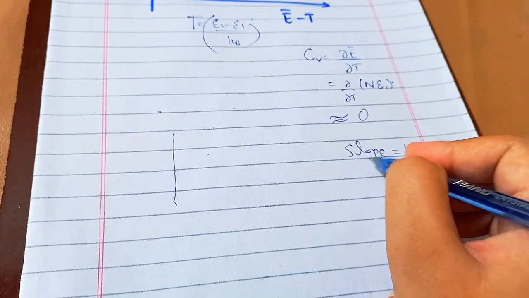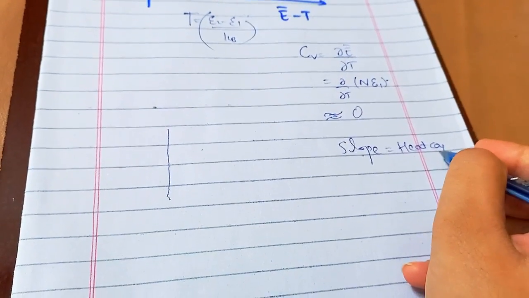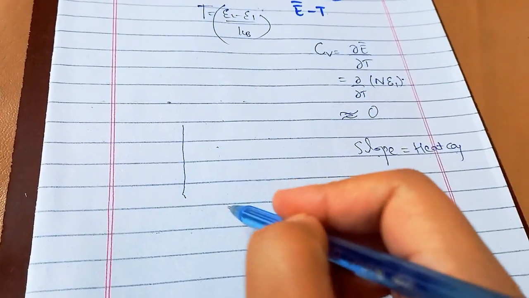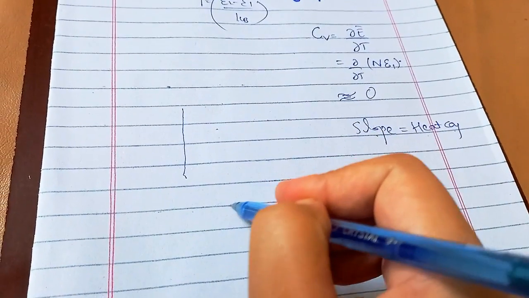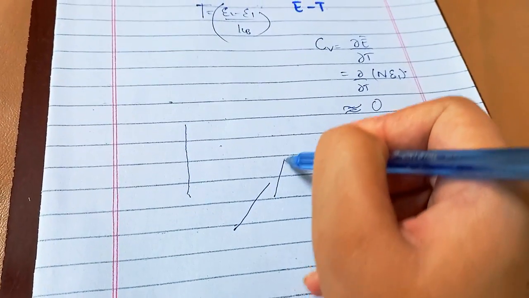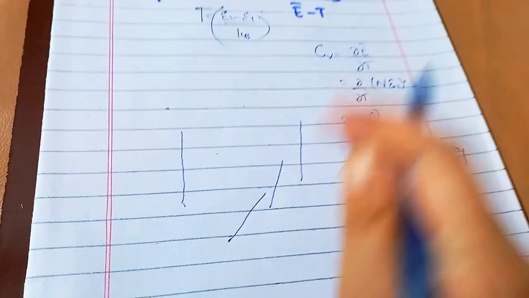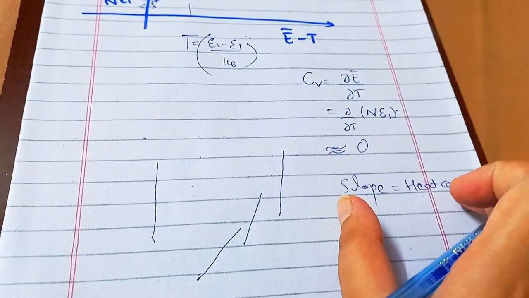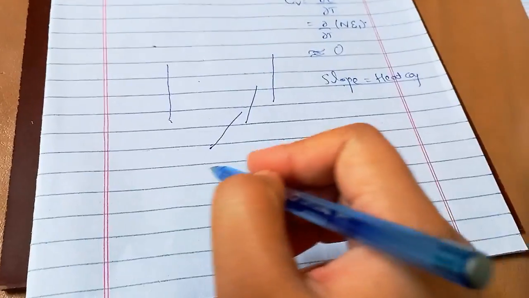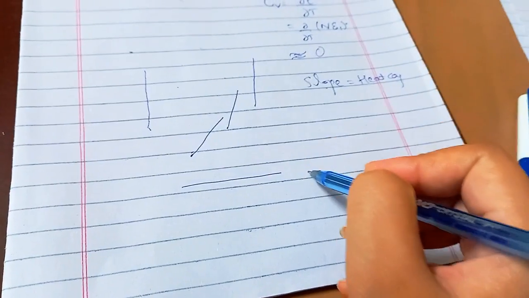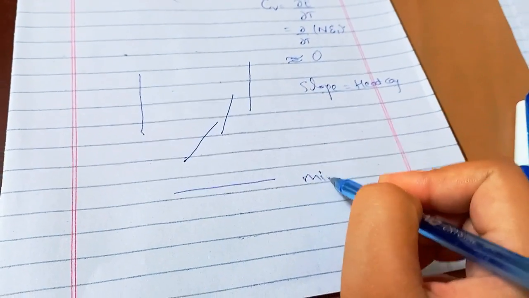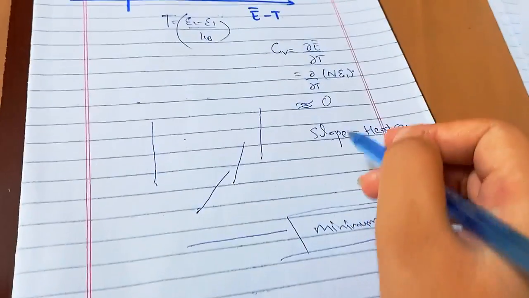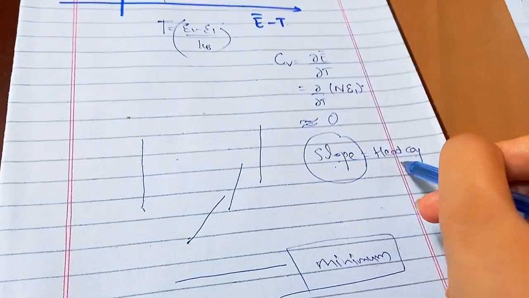So higher slope means higher heat capacity, and the more vertical the slope is on the graph, the greater its magnitude. And the flatter it is, the smaller its value would be. This is how we can talk about slopes, and the slope is the heat capacity.